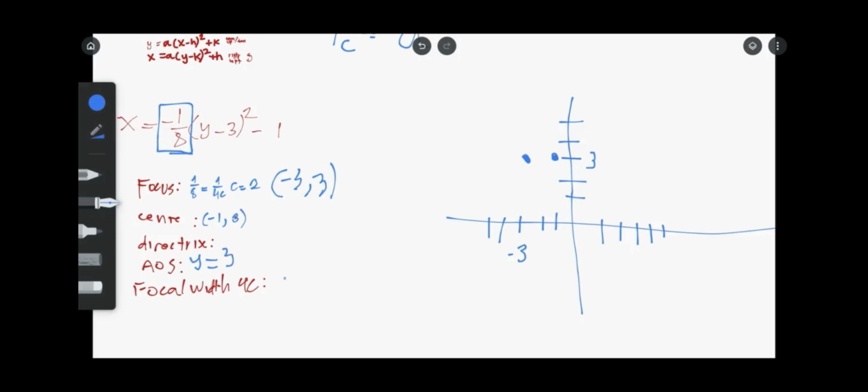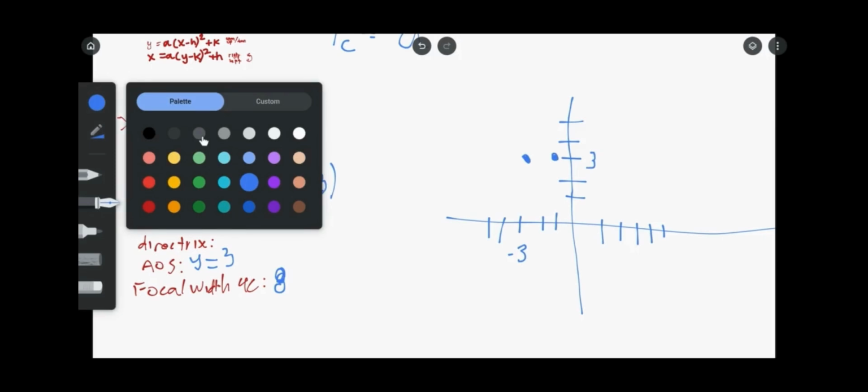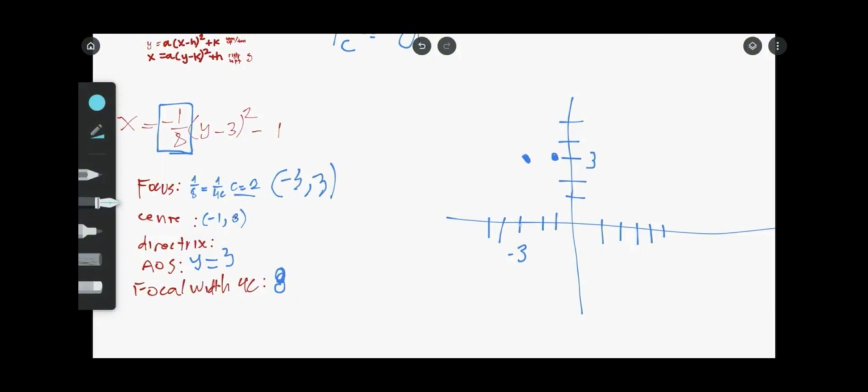The focal width: we know our c value is 2, so we will have a length of 8. And to graph other points of this, we're just going to take 8 and divide it by 2, because that's 4 units to this location, to this location.